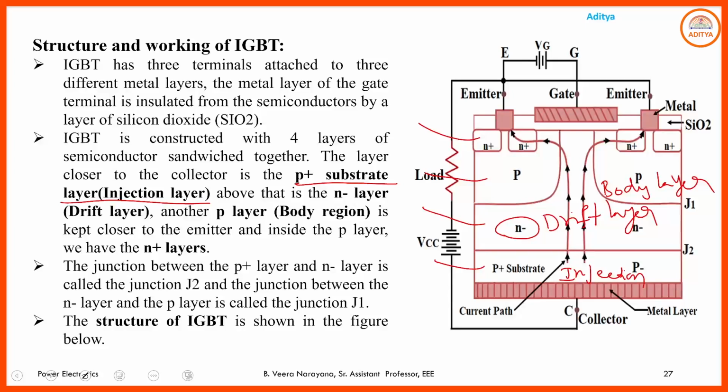On the two heavily doped N plus layers we connect the emitter terminal, and the outer P-type substrate or injection layer is connected to the collector terminal, and here you have the gate. That is the simple structure of the IGBT.